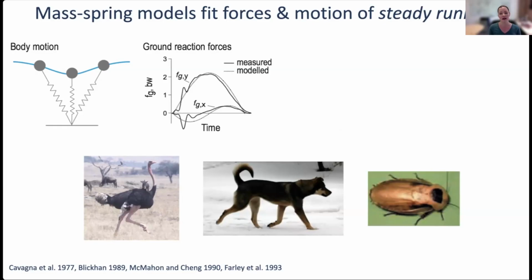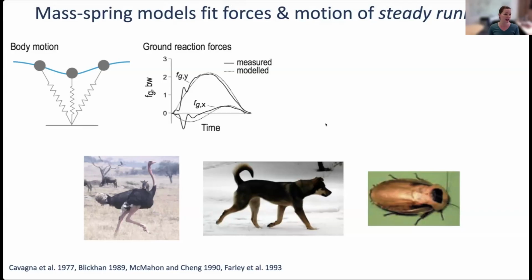And this mass spring model fits the ground reaction force magnitude, the fluctuations in peak force and their timing based on the body mass, gravity acting on that body mass in the vertical direction, and the specific contact geometries of the leg and their duration during stance.